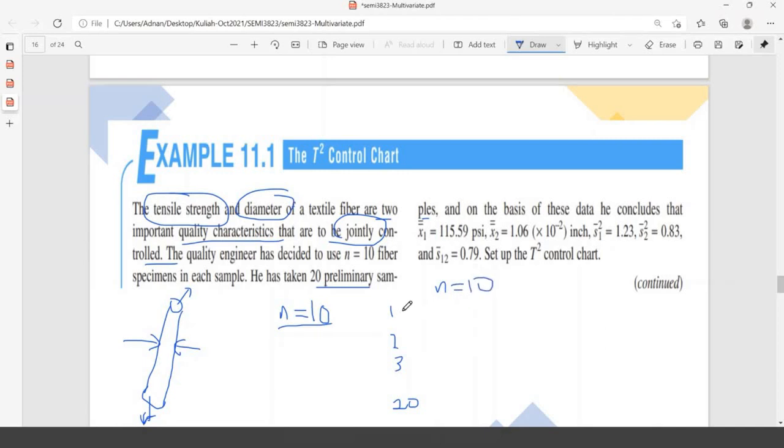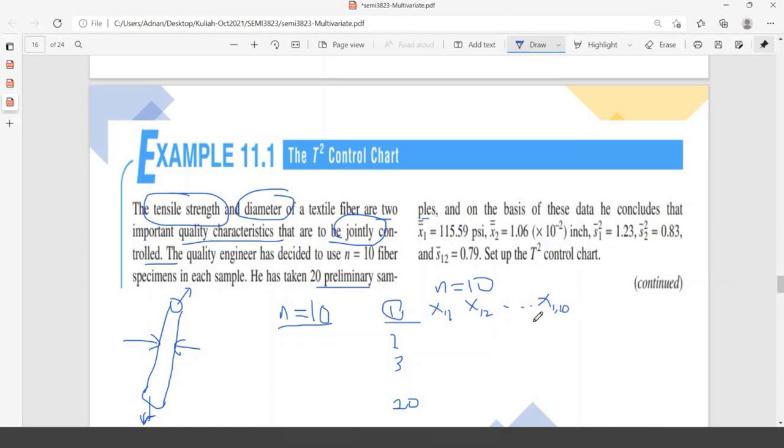So it means that for number 1, if we put it in terms of variables, this will be x11, x12, until x1,10.